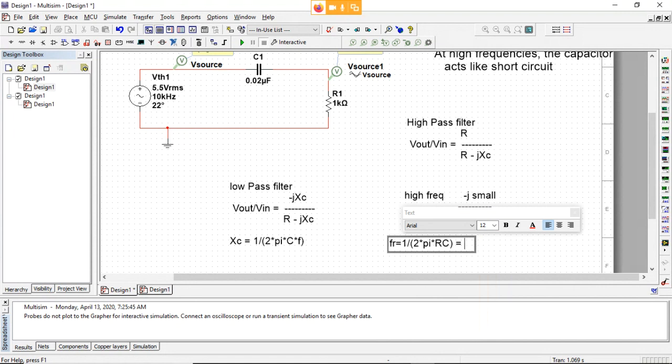All right, so given this circuit that we're looking at, we have R1 and C1.